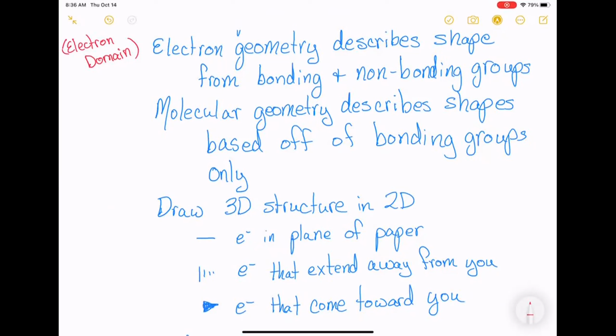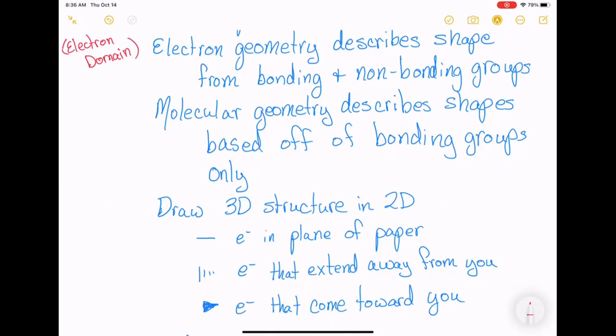The dashed wedge means that the electrons are going away from you. And if it is the solid, or solid drawn in, wedge, it's going to be coming towards you.